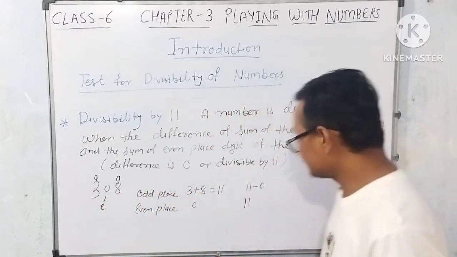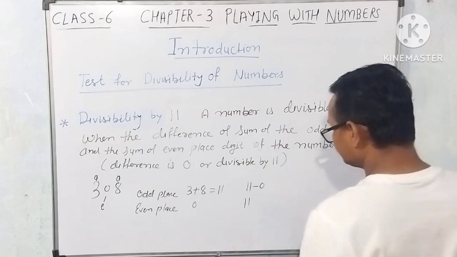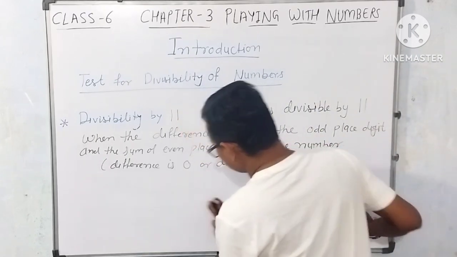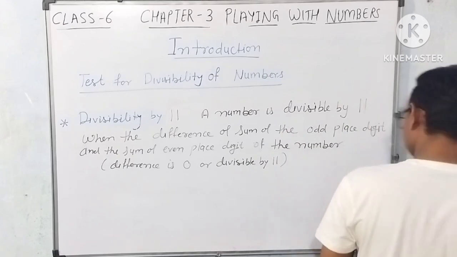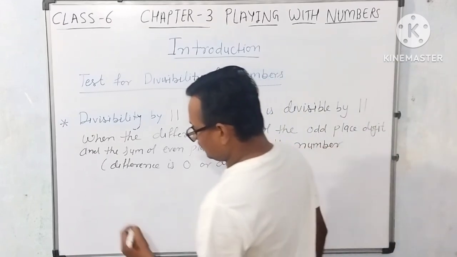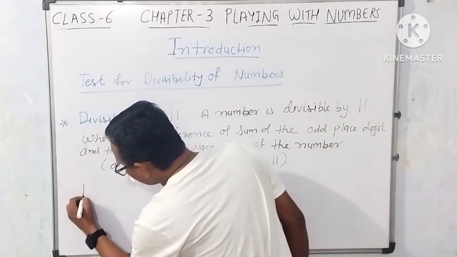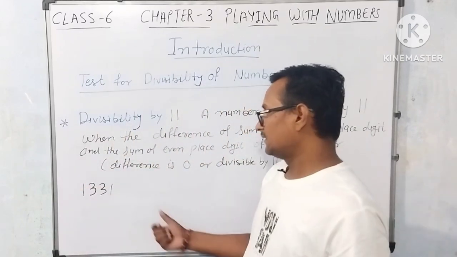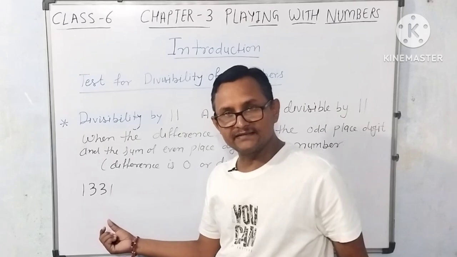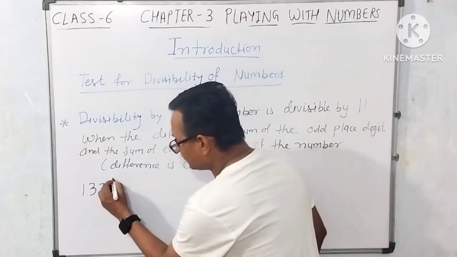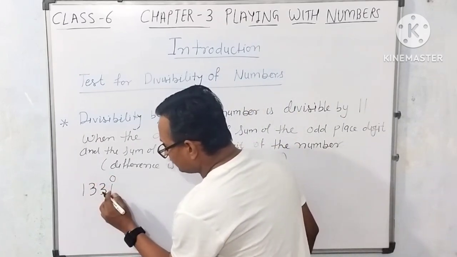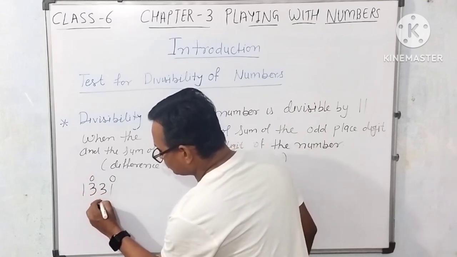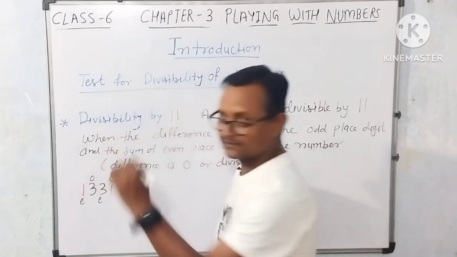Let's understand by another example. One number, 1331. Friends, here we have to find out the odd places and even places. So the odd places are this one, 1, 2, 3. So this one, 2 and 4, these are even places.